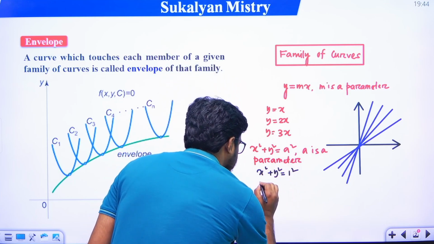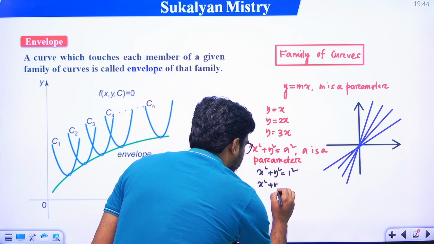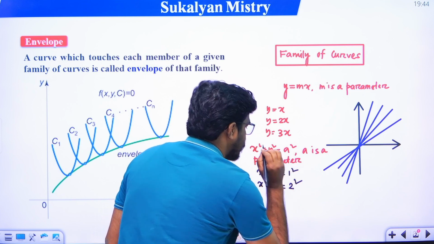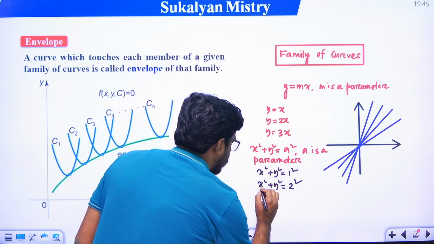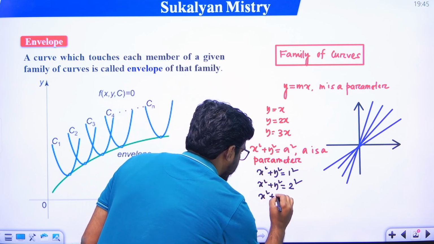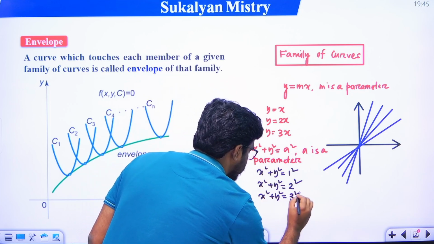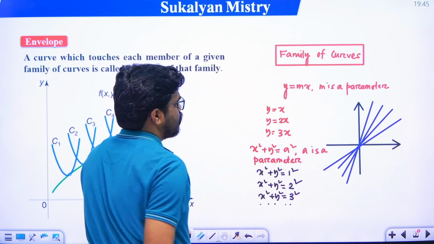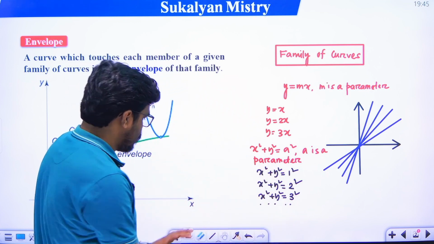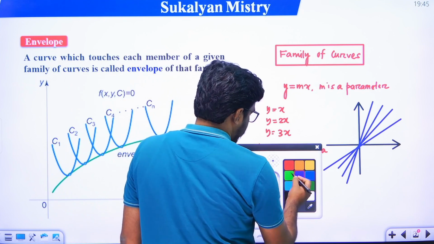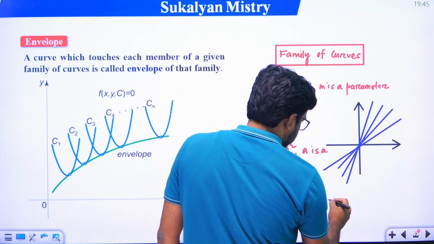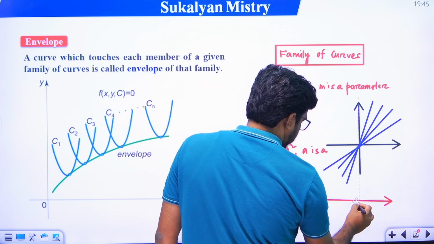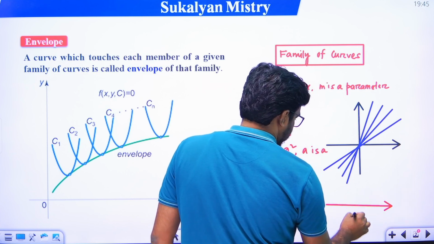If you put a is equal to 2, that is x square plus y square is equal to 2 square. Similarly if we put a is equal to 3, that is x square plus y square is equal to 3 square, and so on. Okay, so what is the diagram? Suppose this is x-axis and this is y-axis.